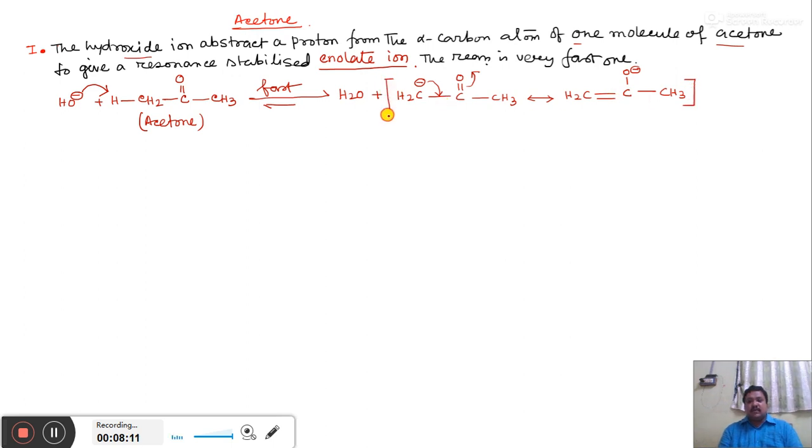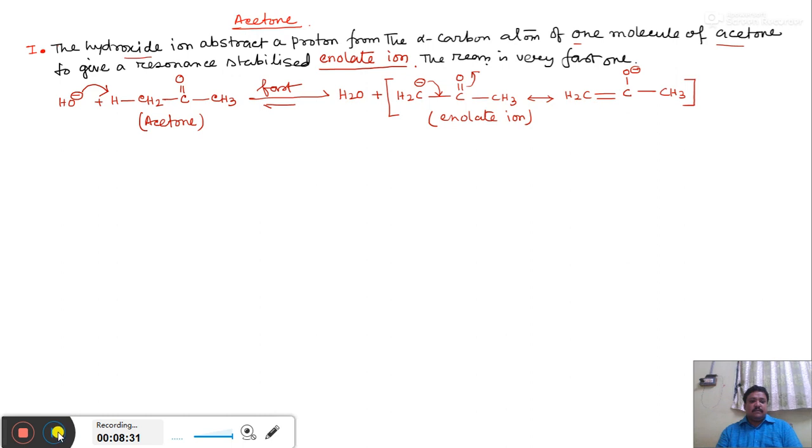This is the structure of the resonance stabilized enolate anion. And the formation of enolate anion is very fast in nature, because due to hyperconjugating H atoms, the enolate gets stability.